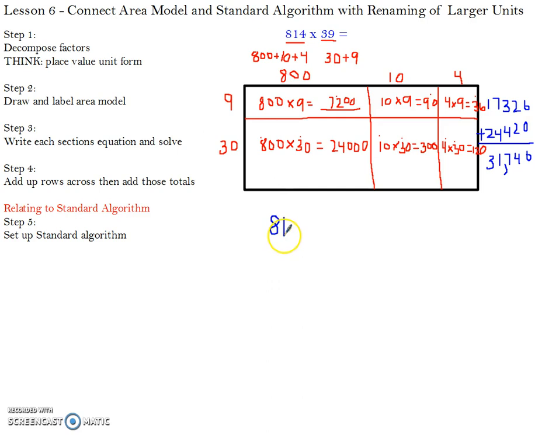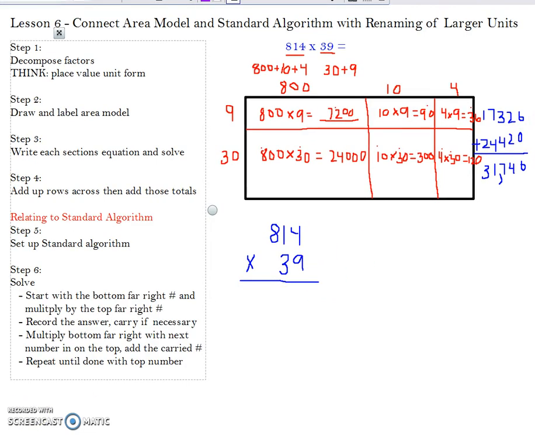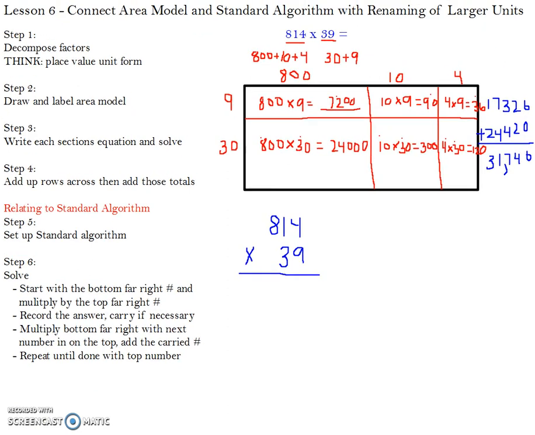So I'm going to have 814, and I'm going to multiply by my lower number, which is 39.